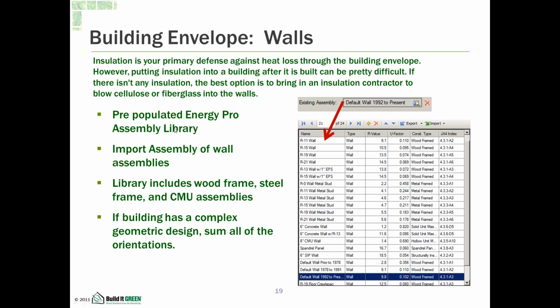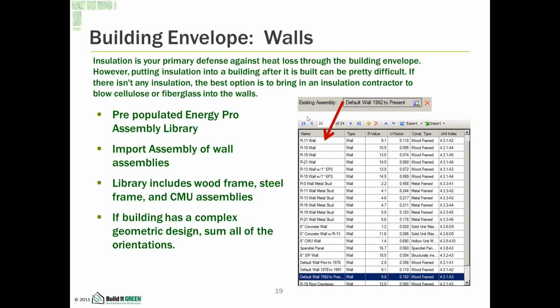So when you click in the EnergyPro walls, you'll be asked to put in the existing assembly. And when you click on this default, where it says default wall 1992 to present, you'll get the library for the list of the wall assemblies. And you can see here I have in blue highlighted the assembly that was chosen.